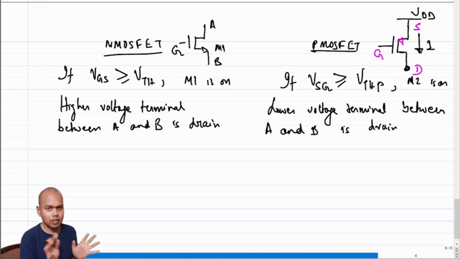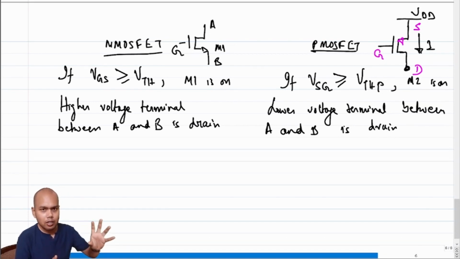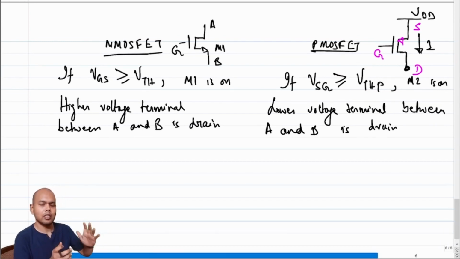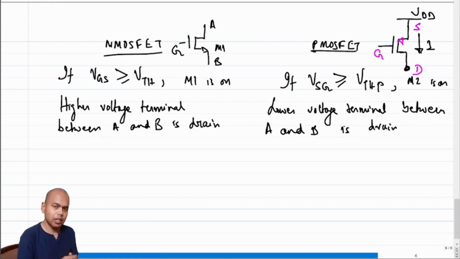The gate terminals are fine, but in case of an NMOSFET, we require a higher potential at the gate with respect to the channel to turn on the device. In case of a PMOSFET, we want a lower potential at the gate than the channel to turn on the device. So the source should be at a higher potential than the gate in case of a PMOS, whereas the gate should be at a higher potential than the source in case of an NMOS.